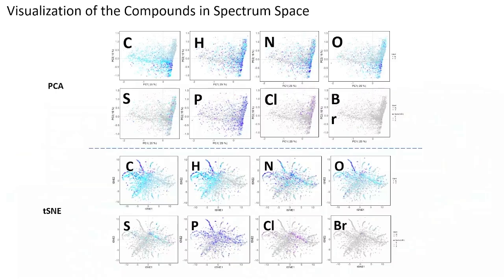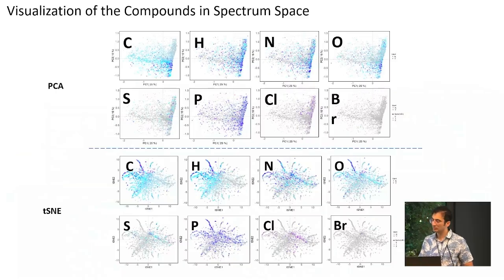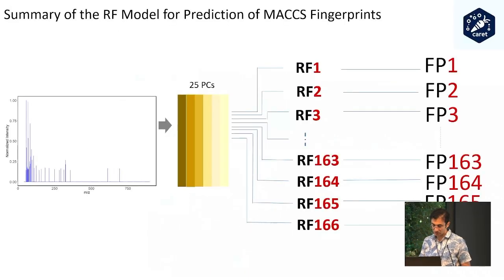So color coding the PCA and t-SNE plots by using some substructure information in the molecules shows some repetitive patterns. So it intensifies the hypothesis that we can use these models for prediction.